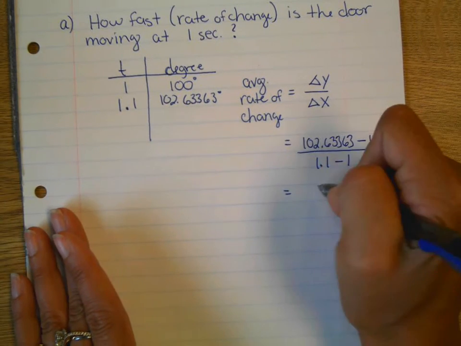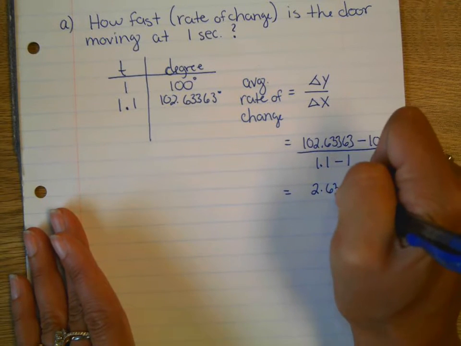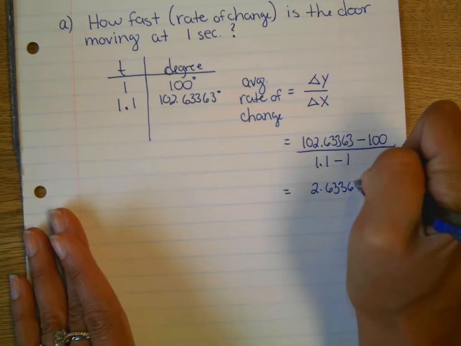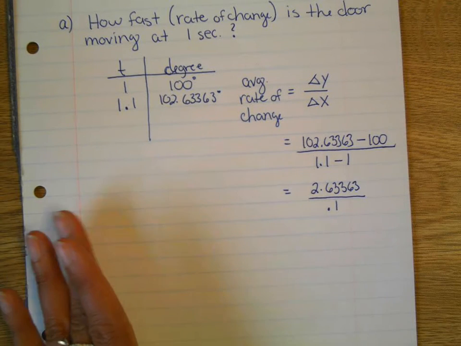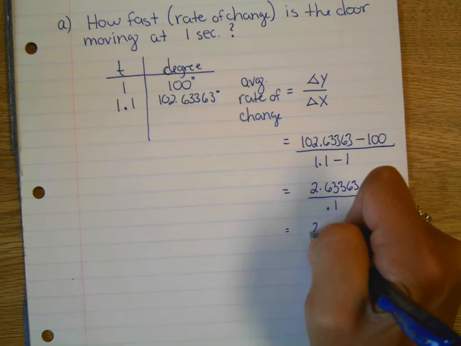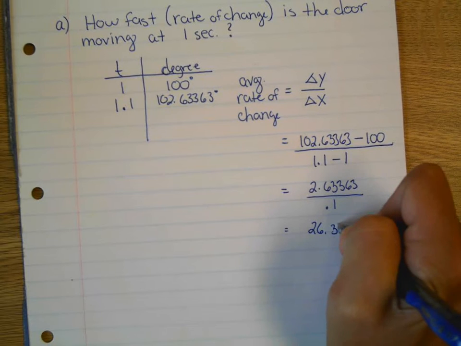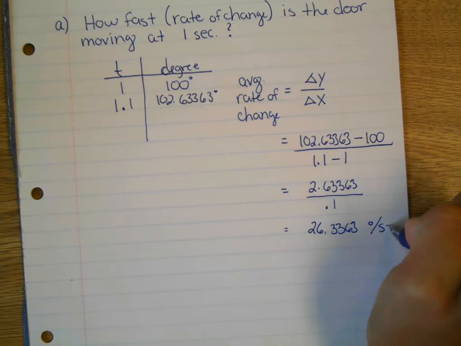So that will give me 2.63363 divided by 0.1, which will give me, moving the decimals over, 26.3363 degrees per second.